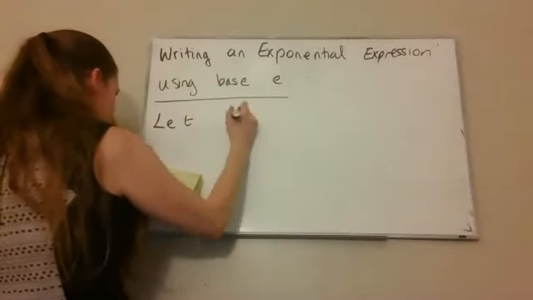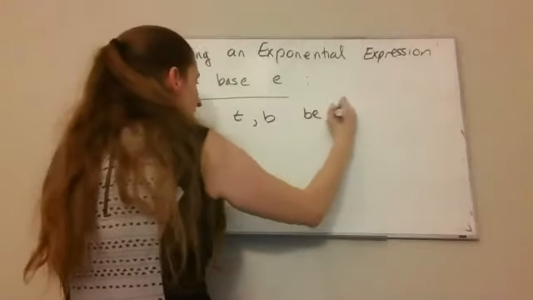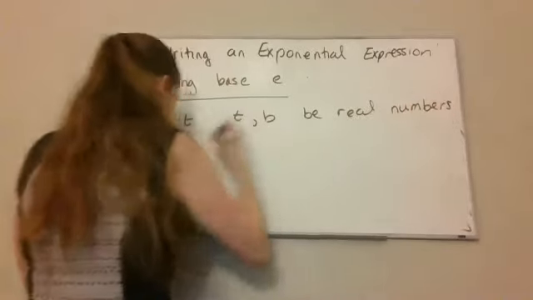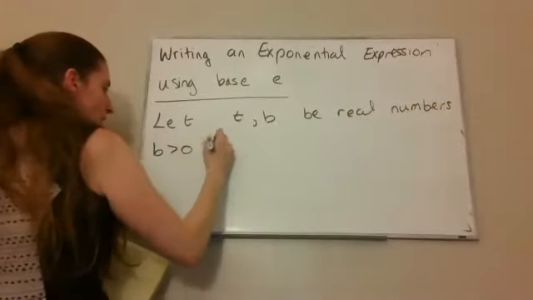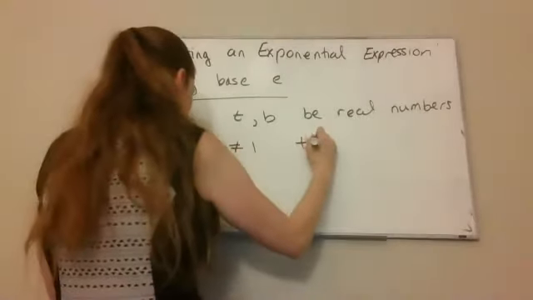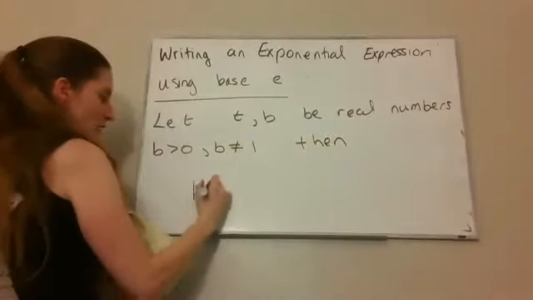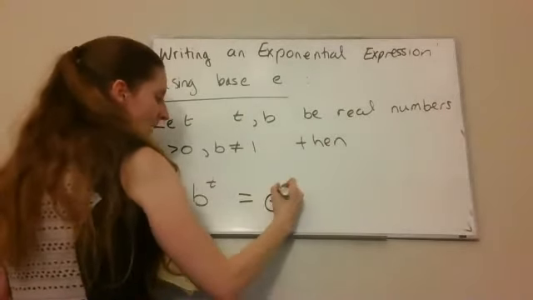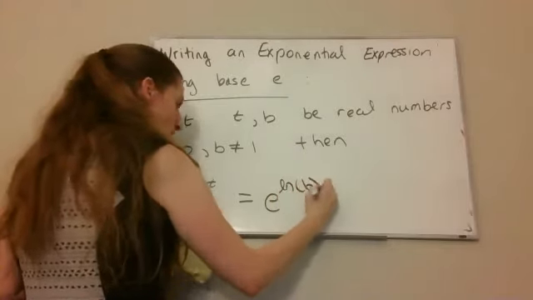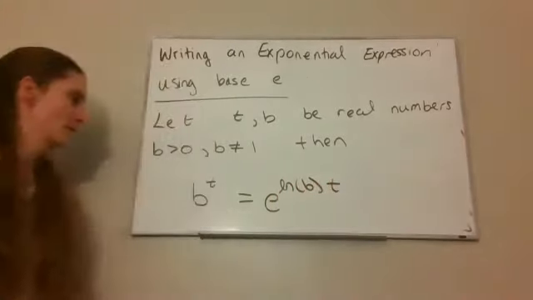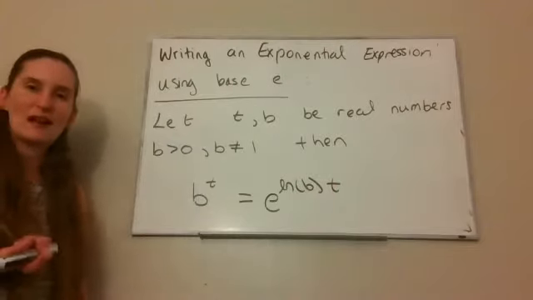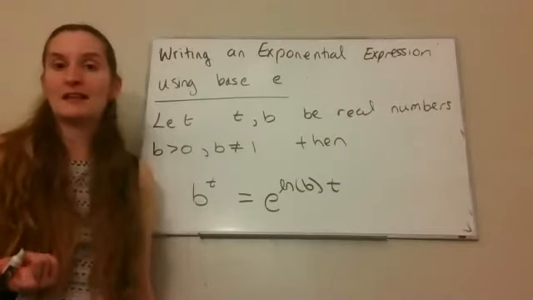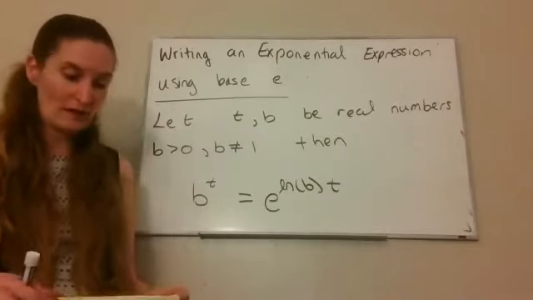If we let t and b be real numbers, with b greater than 0 and not equal to 1, then b to the t power is exactly the same thing as e to the natural log of b times t. So this gives us a way to rewrite a problem. If it doesn't have e as the base, this allows us to rewrite it that way if we happen to prefer using that base.